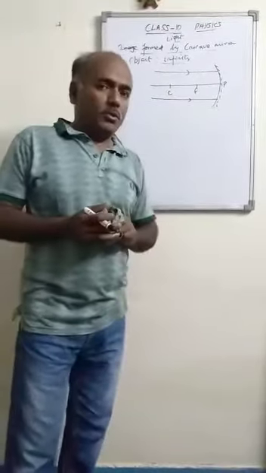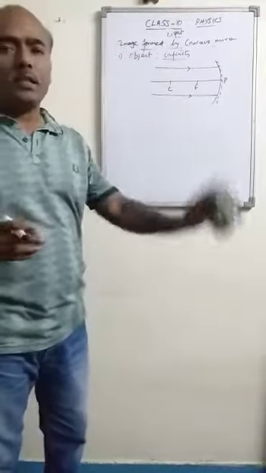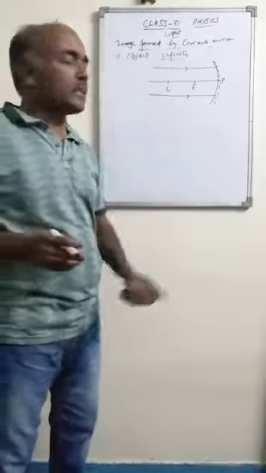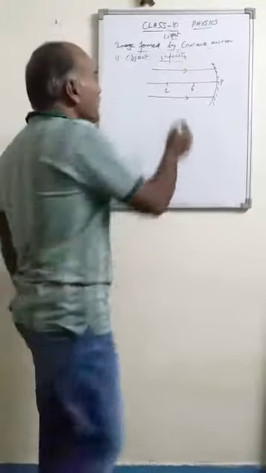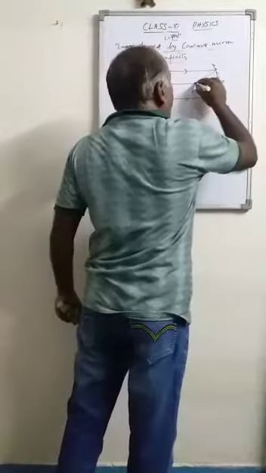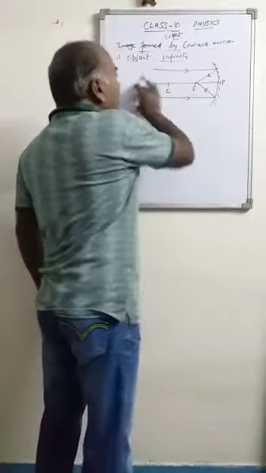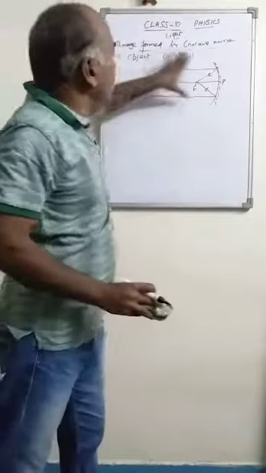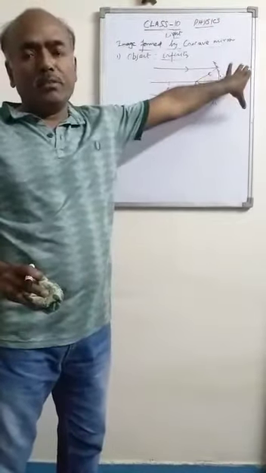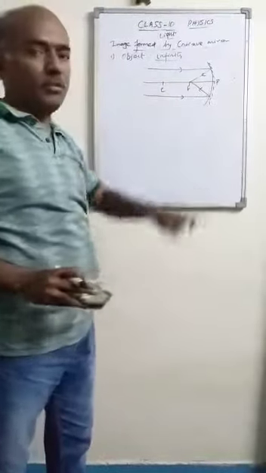According to the rules of the ray diagram, when a light ray travels parallel to the principal axis towards the mirror, after reflection it passes through the focus. So this light ray will reflect towards the focus, and this one also towards the focus. In this way, if we take any number of light rays which are all parallel to the principal axis and travel towards the mirror, they definitely meet at the point focus.